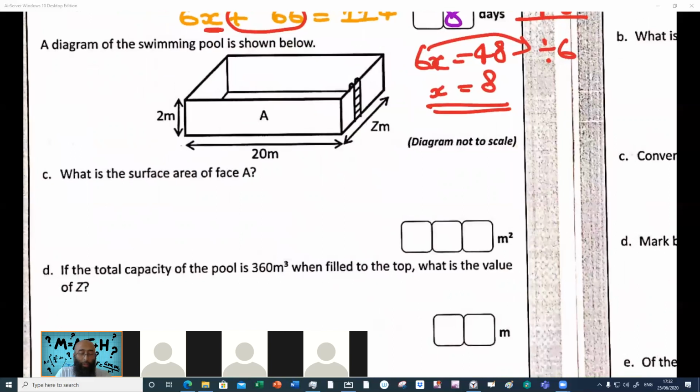Okay, next question. Read, please. What is the surface area of, I diagram a swimming pool is shown below. What is the surface area of face A? Okay, face A is talking about this part over here at the front. Surface area is just another word for area. We normally use the word surface area when we're talking about lots of different surfaces, but it can also be used for one as well.